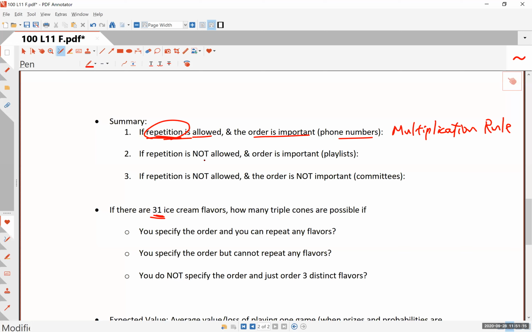If the repetition is not allowed, then you have to ask this important question: does the order matter? If the order is important, like playlists, then you use permutations, or you count the number of permutations. If the order is not important, like in the last case of picking a committee, then you use the ideas in combinations.